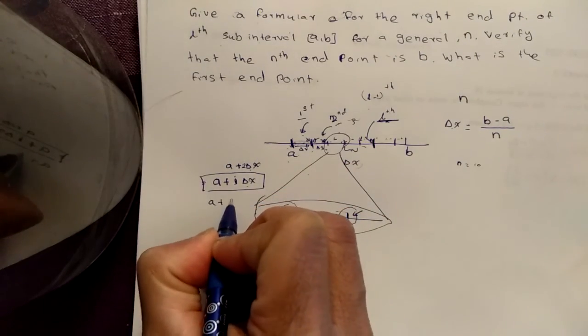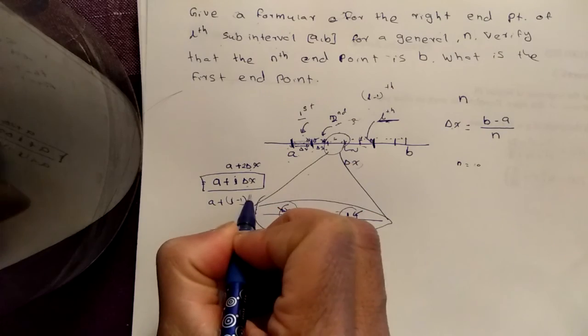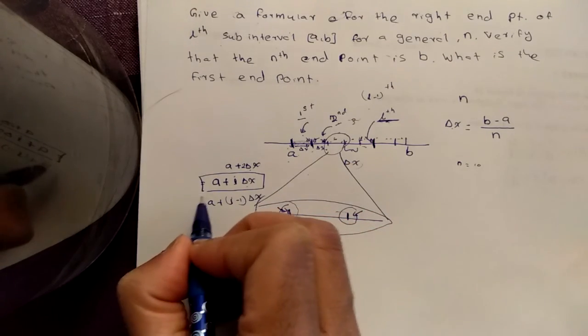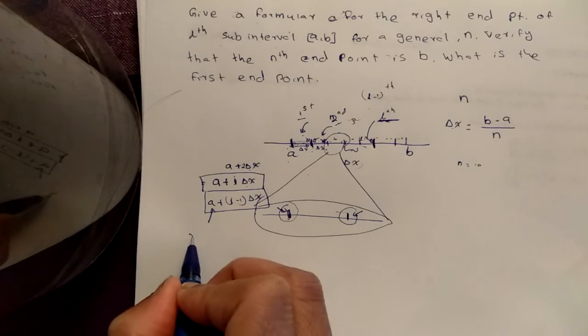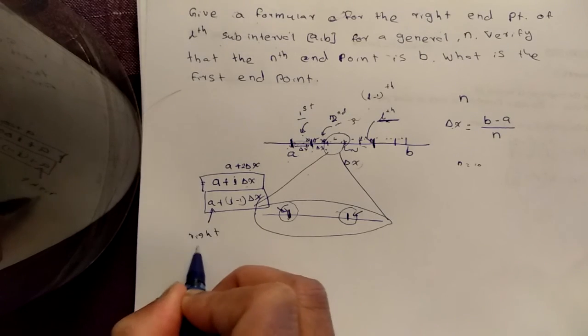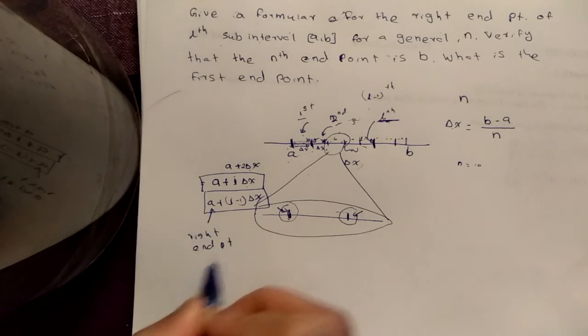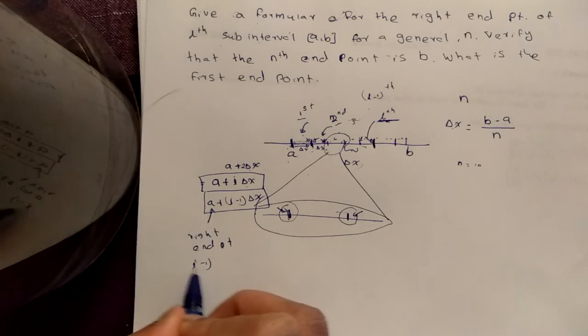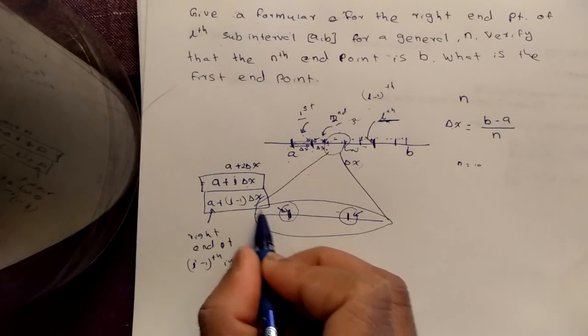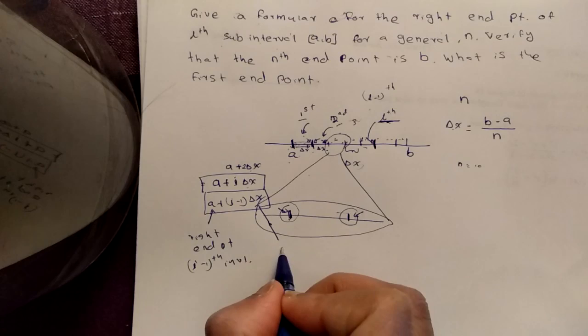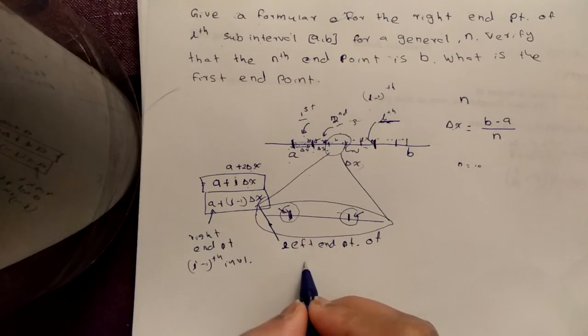It will be I minus 1 delta x. This represents the right endpoint of the I minus 1th interval and the left endpoint of the ith interval.